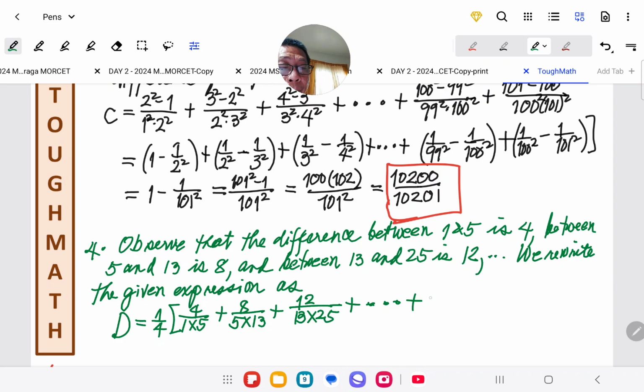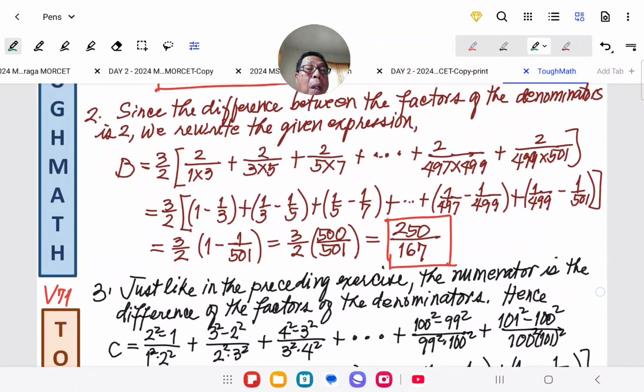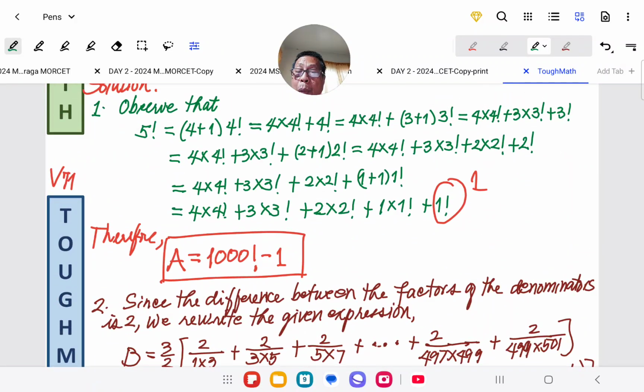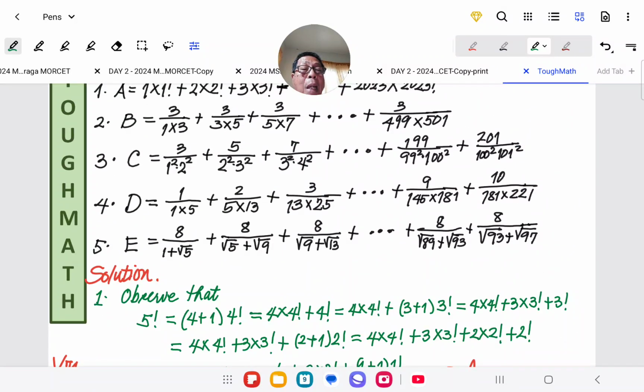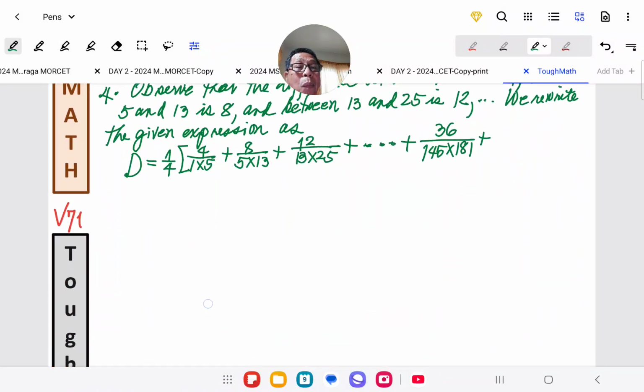For 145 and 181, the difference is 36. And then we are up to 181.